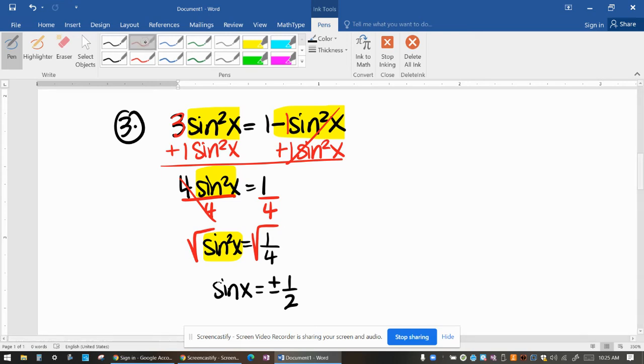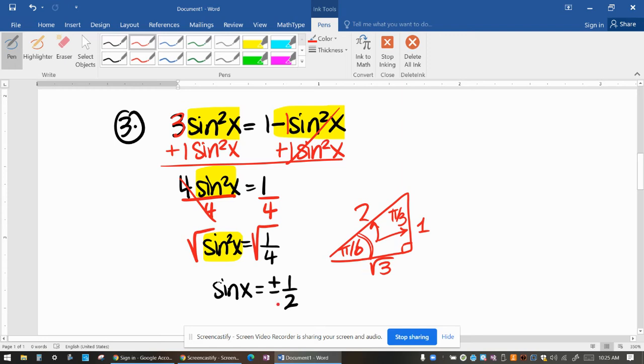So when you're looking at your 30, 60, 90 triangle, the reference angle here for opposite over hypotenuse is going to be pi over 6. In the previous example, it was pi over 3.